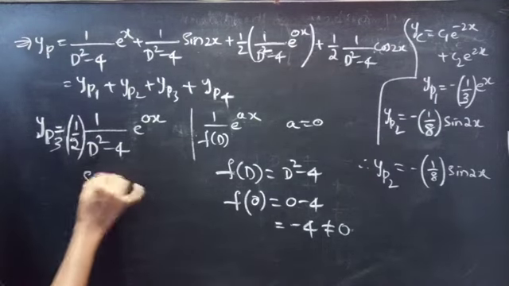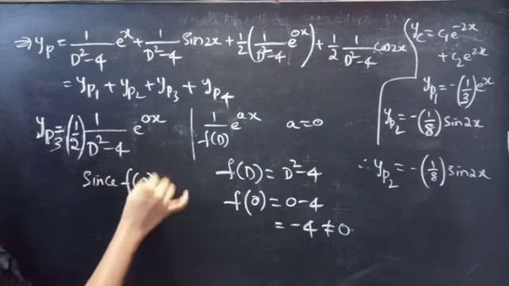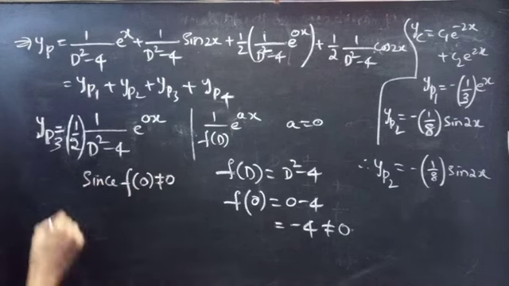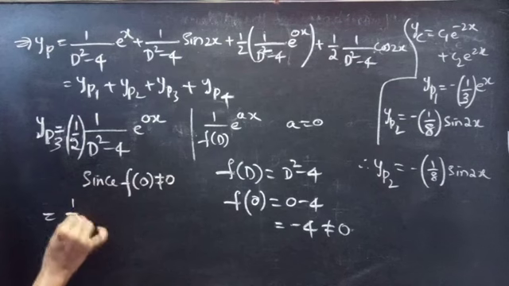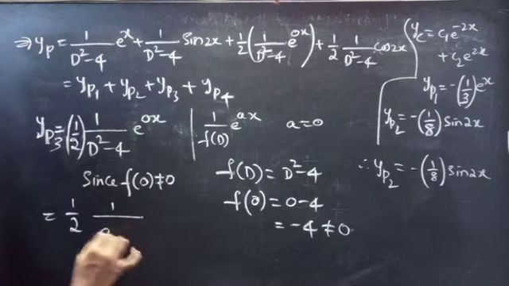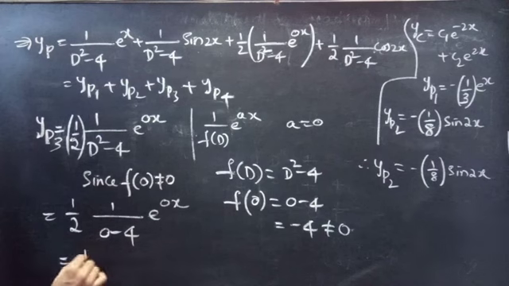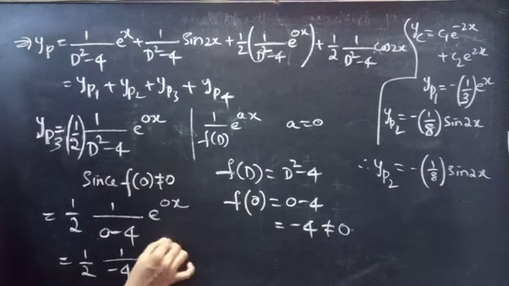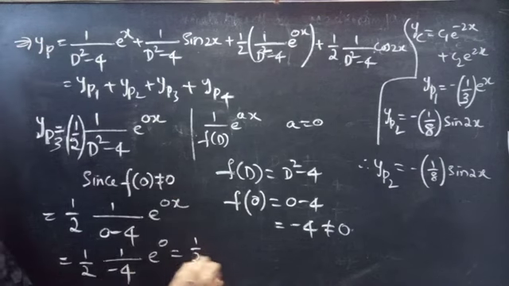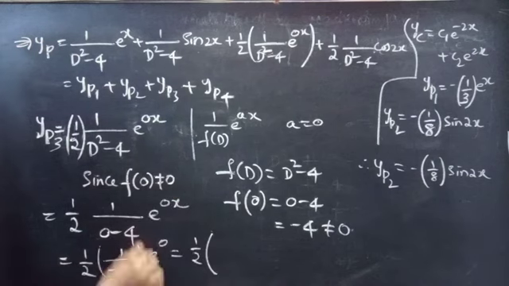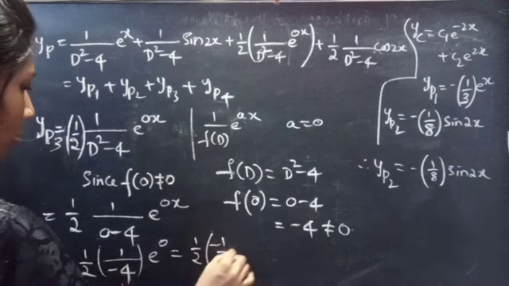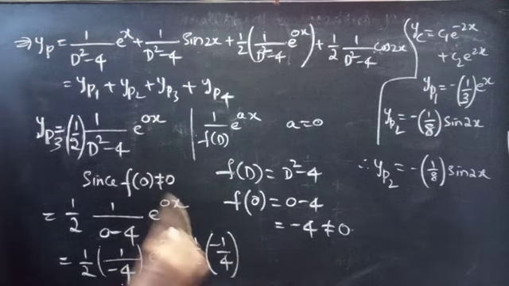Since f of 0 is non-zero, this becomes 1 by 2 into 1 by 0 minus 4 into e power 0x, which is equal to 1 by 2 into 1 by minus 4 into e power 0 into x, which is e power 0. That equals 1 by 2 into, you can write 1 by minus 4 as minus 1 by 4 into e power 0 is 1 into 1.